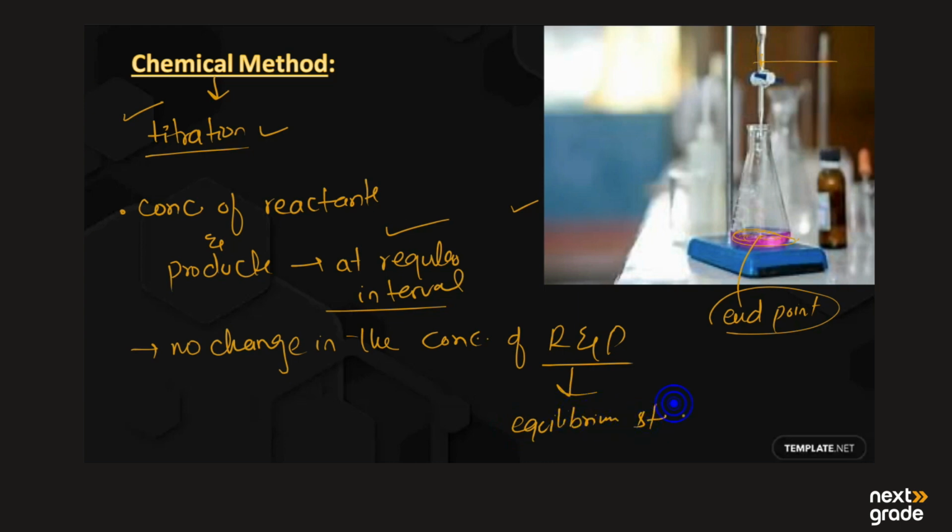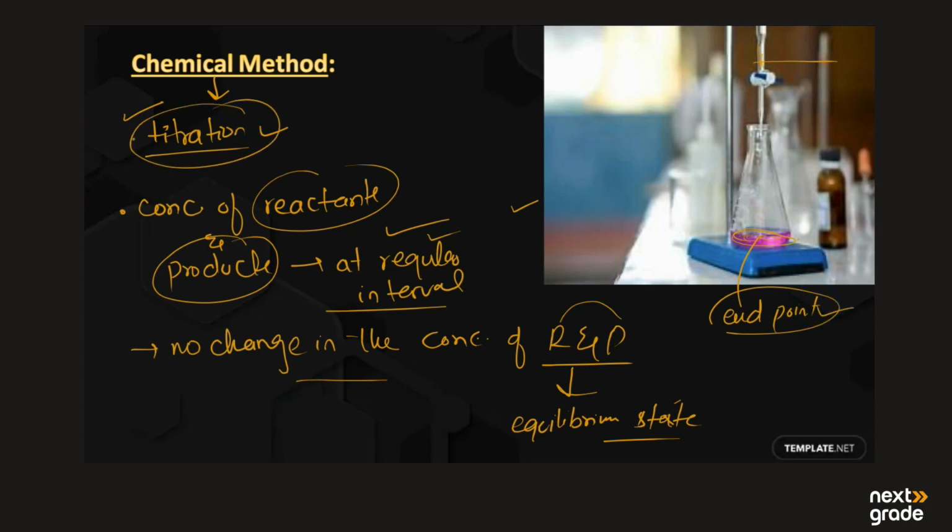As we withdraw the reactants and products at regular intervals from the reaction mixture, and we see that there is no change in the mixture by finding their end point with the help of titration, as it is a chemical process, then we can find that this reaction is at the equilibrium state. So this is the chemical method.